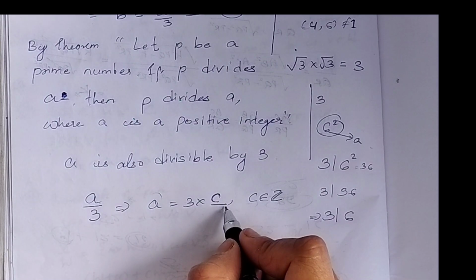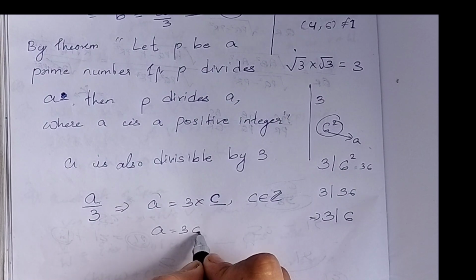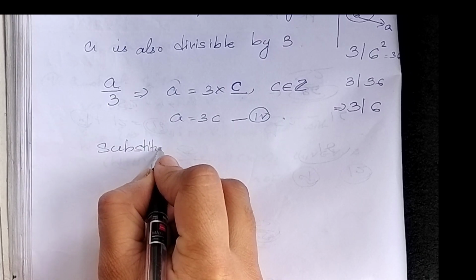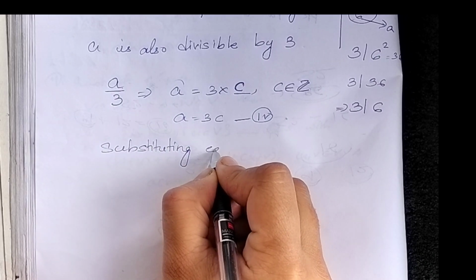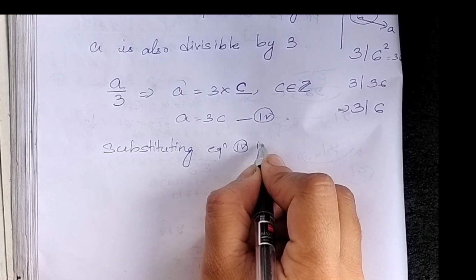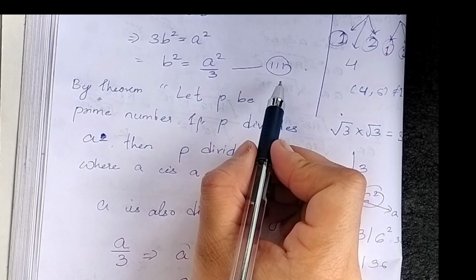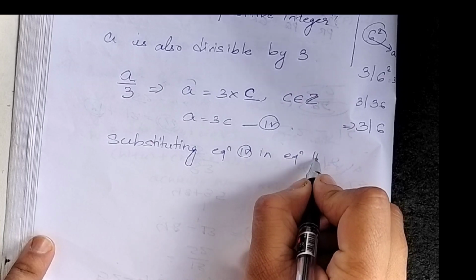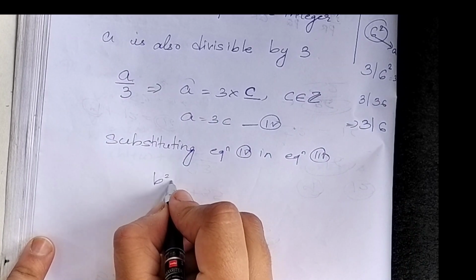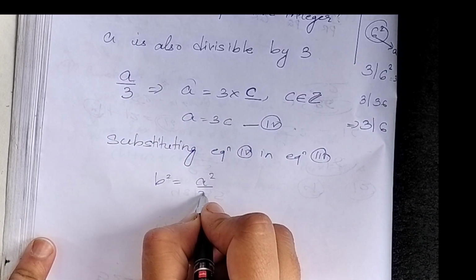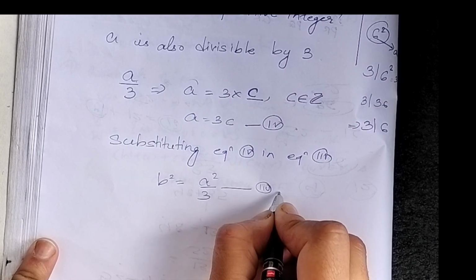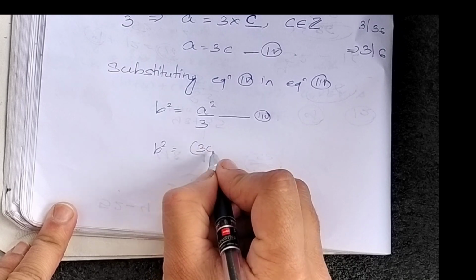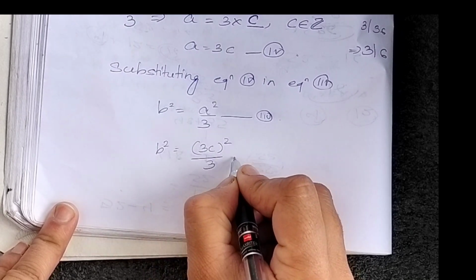So a will be 3c. Let this be equation 4. Substituting this equation 4 in equation 3, we will get b square equals, since our equation 3 is this, substituting the value of a equals 3c in this, we will get like this.